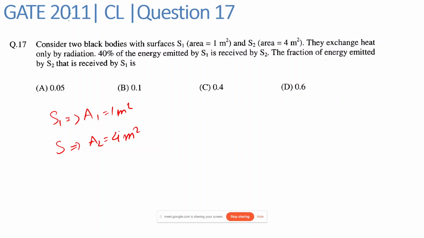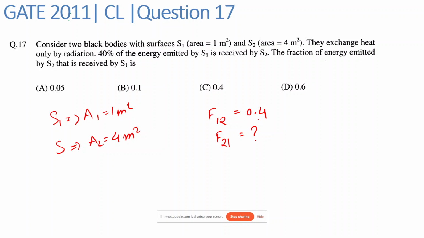So in this question we have been given that F12, that is the energy emitted by S1 and received by S2, is 40%, so we can write it as 0.4. The fraction of energy emitted by S2 that is received by S1 is dash. So we have been asked to find the value of F21.